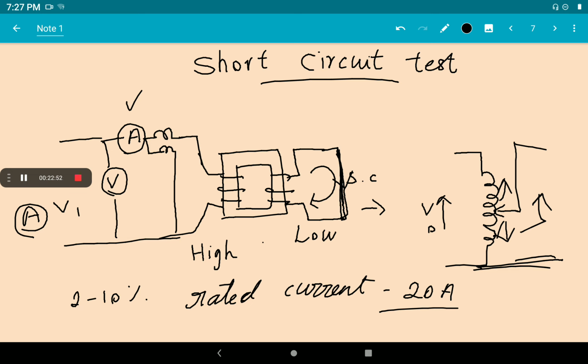The applied voltage is increased until full load current is flowing in this winding. The applied voltage is a small fraction of the nominal working voltage and the mutual flux produced is very small because we apply a very small voltage. So the flux produced in the core is very small, so core losses at this voltage can be neglected.